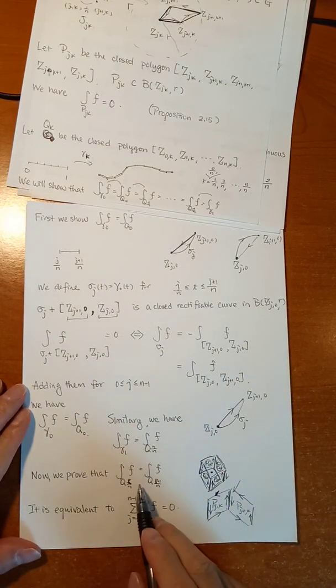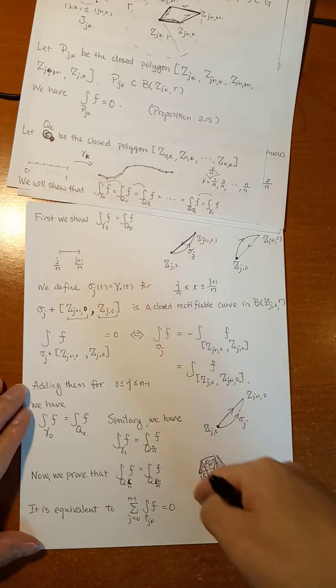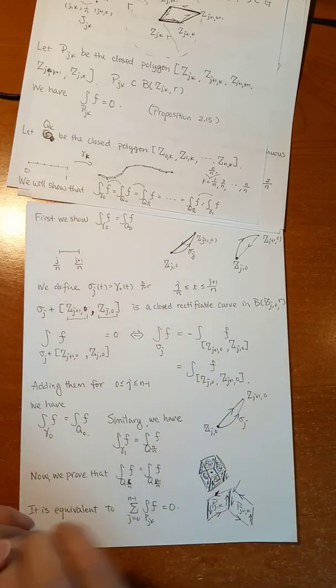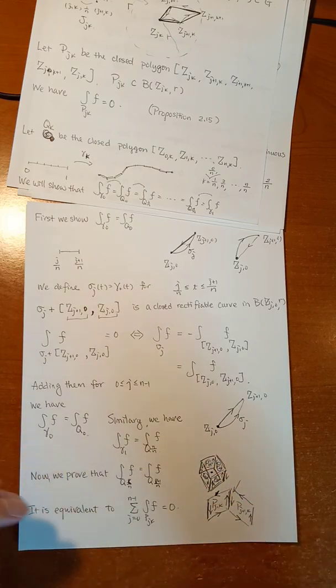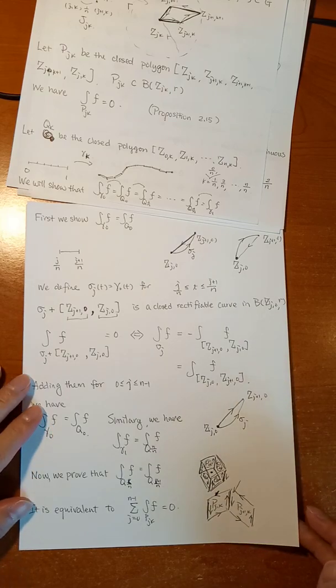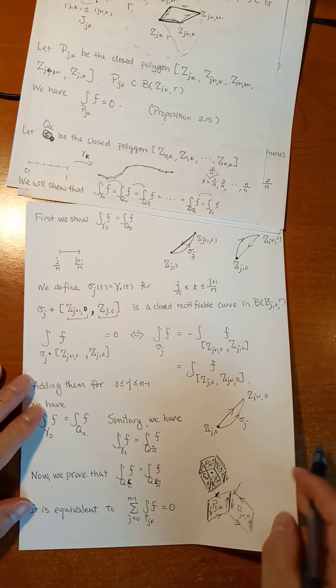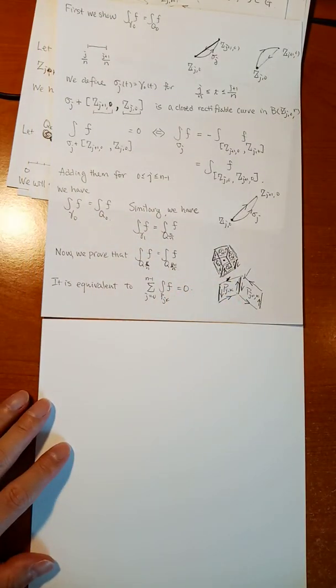Okay, so this equality will be equivalent to the integral along all the walls, the integral along all the walls. Okay, so let me write it. The author gave very good sentences.